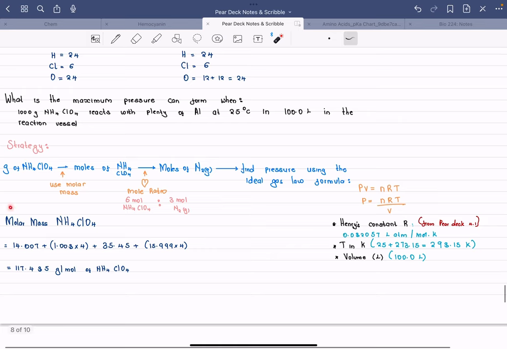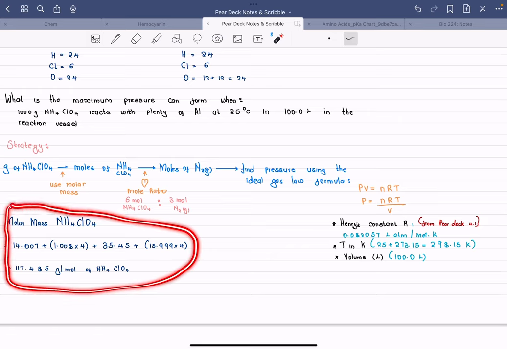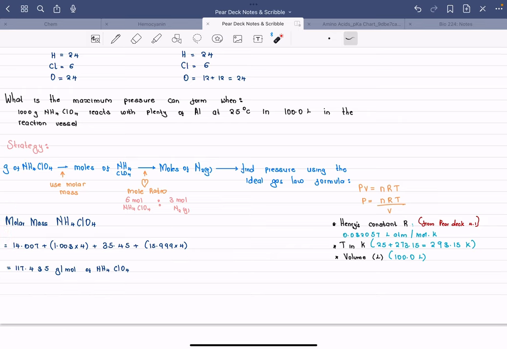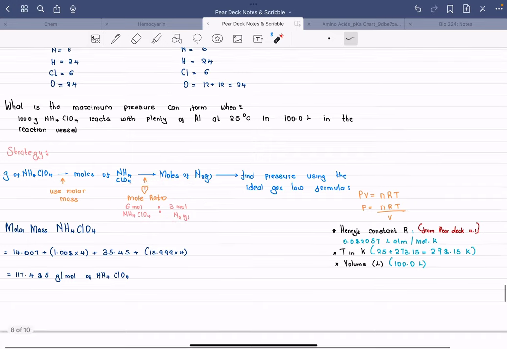And down here, I found the molar mass of ammonium chloride, and I got it to be 117.485 grams per mole. And then that will give me the moles of ammonium chloride. And then I am going to convert that to the moles of nitrogen gas. And to do that, I will use my mole ratio, which is 6:3.